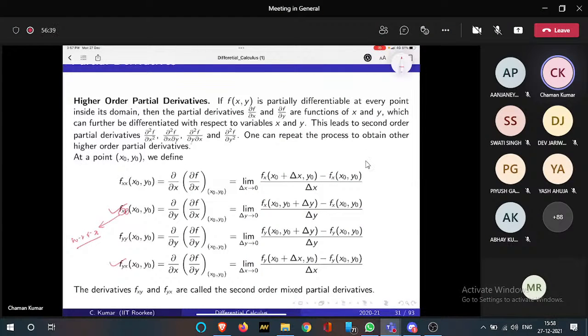So first is the derivative with respect to x and then the derivative with respect to the variable y.